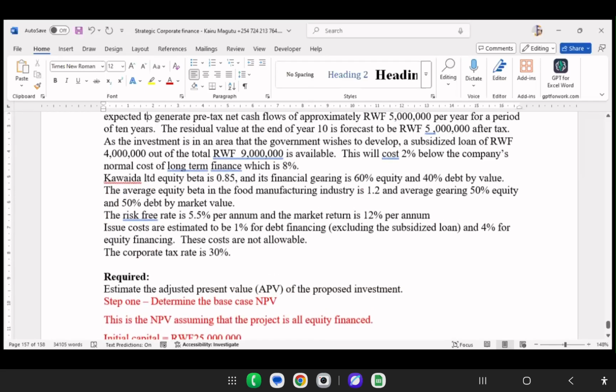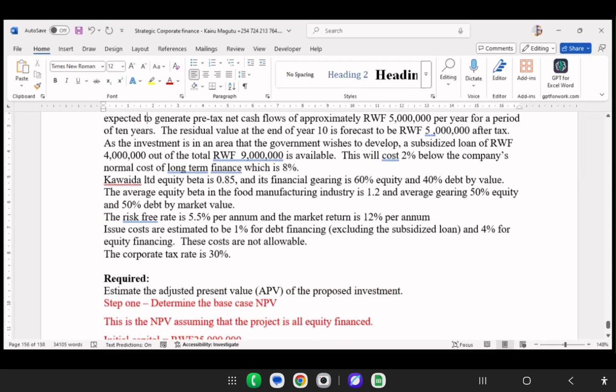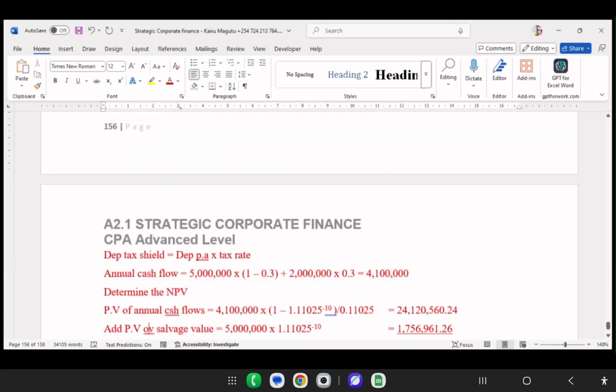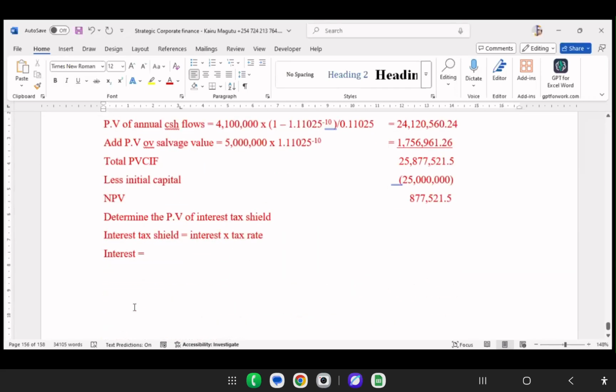We are told that as the investment is in an area that the government wishes to develop, a subsidized loan of 4 million. So the 4 million will be charged at 6%. So we have 4 million, you multiply by 6%.